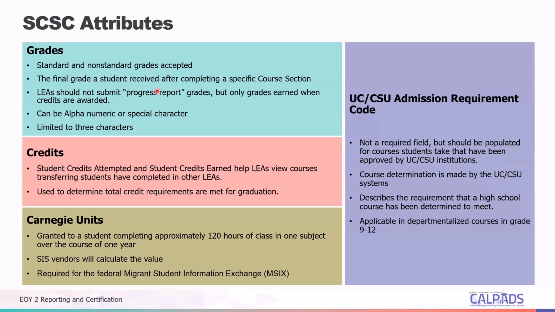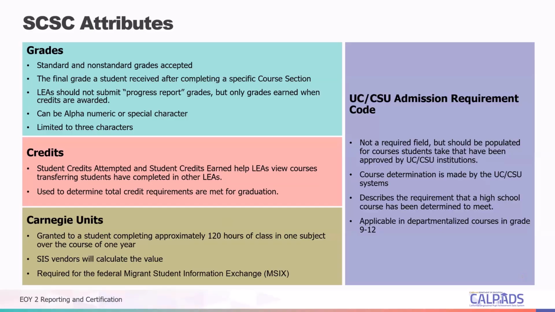LEAs should not submit progress report grades, but only grades earned when credits are awarded. For credits, this is required for grades 9 to 12. LEAs may submit course completion data either after the completion of an official grading period in which credits are awarded or at the end of the year when students have completed all courses for the school year.